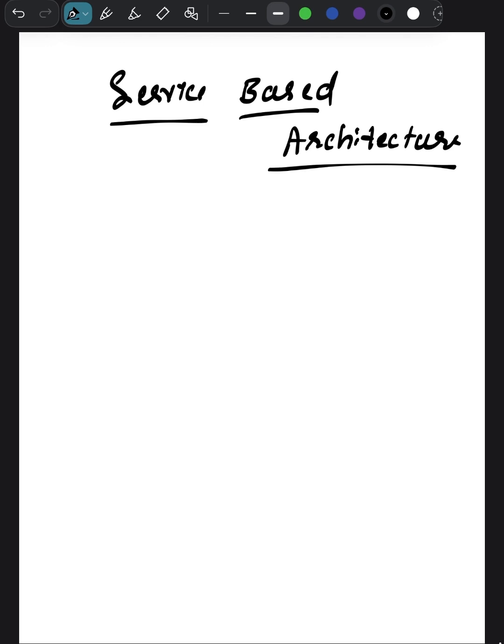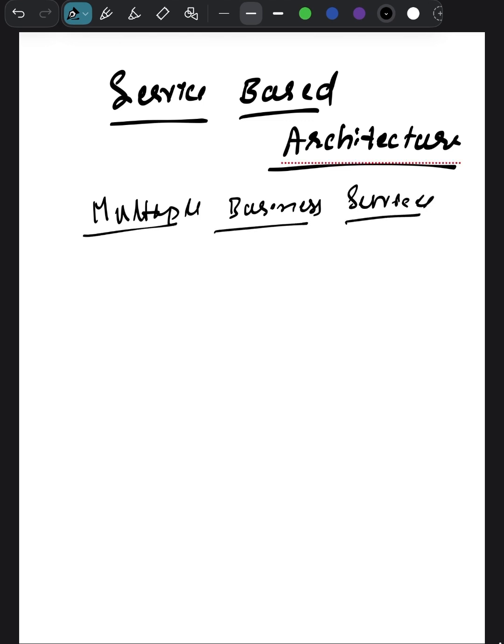So, the service based architecture is an architectural style where an application is divided into multiple business services, right? Each service is responsible for a specific business capability.